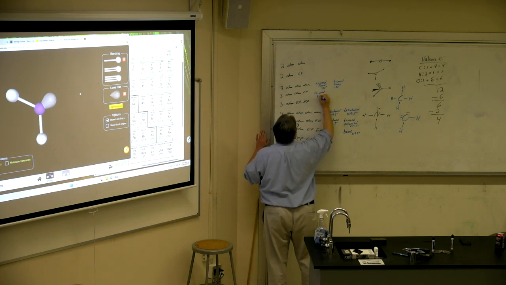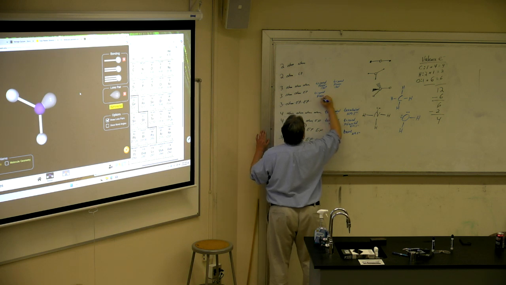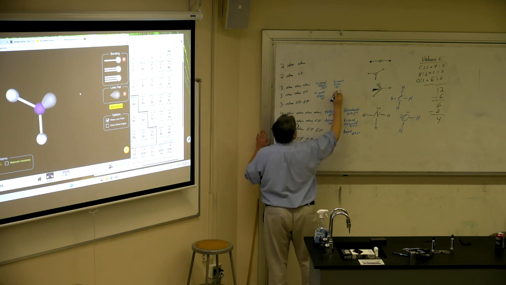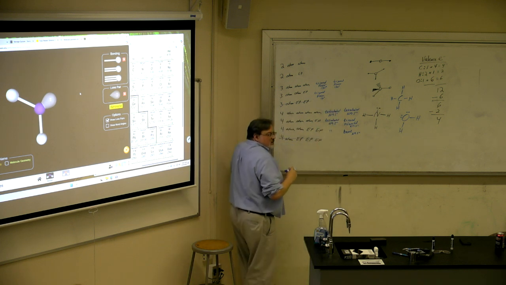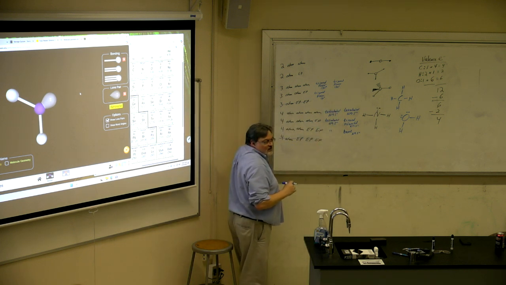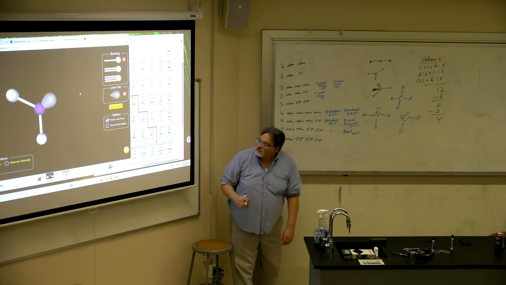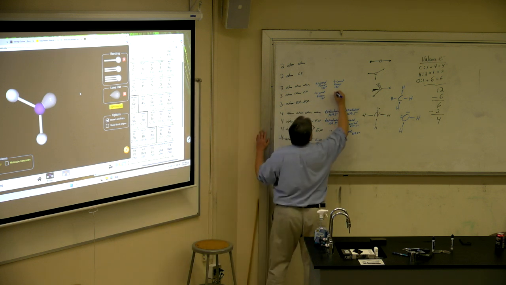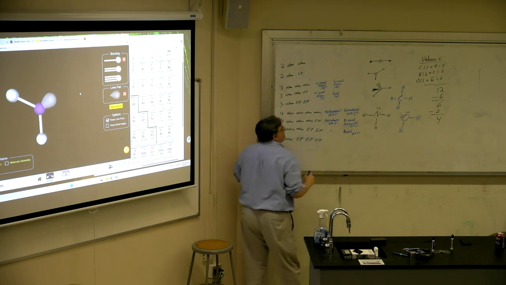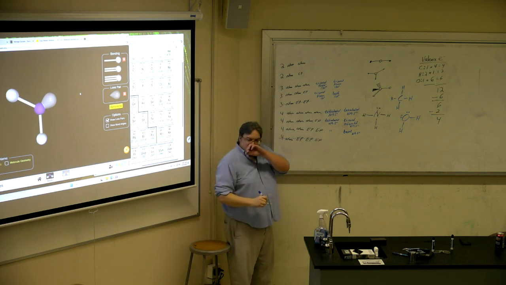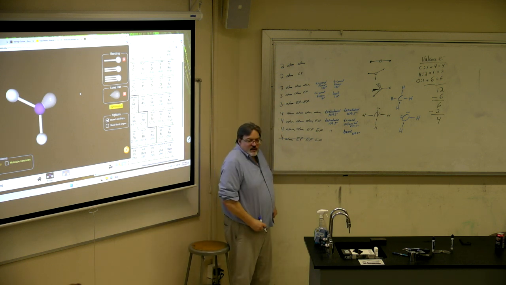Trigonal planar, 120 degrees. So what do you think we call this? We just call it bent again. But this time it's bent at 120 degrees, because it's trigonal planar.